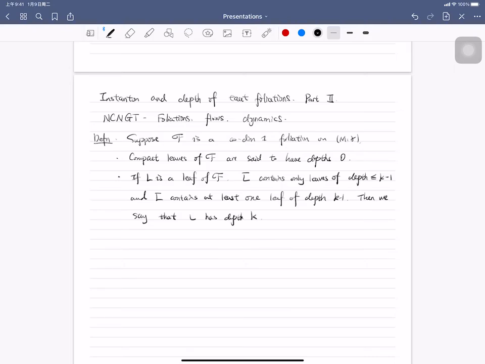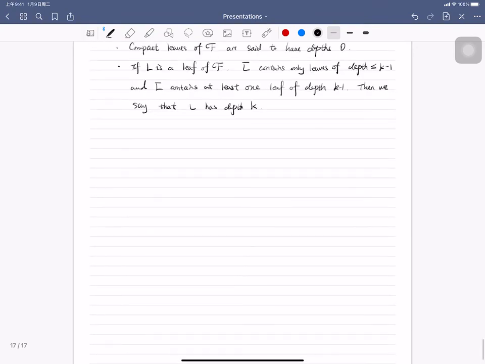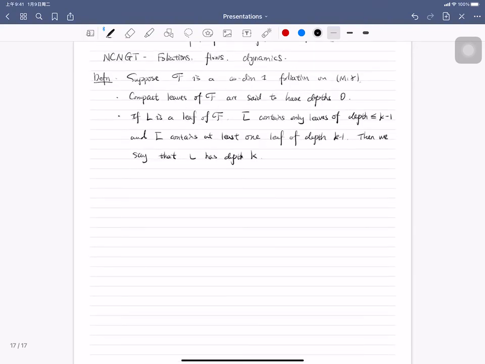So we define depths inductively. The depth of F is defined to be the maximum depth of all leaves of F.